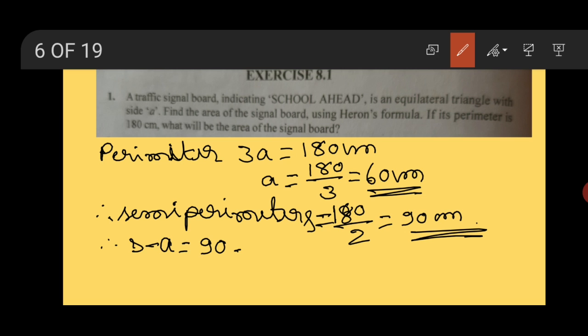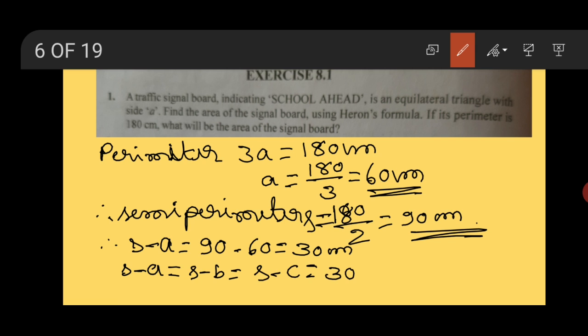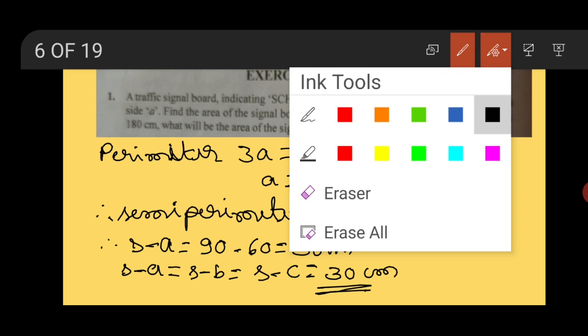S is 90, minus A which is 60, is equal to 30 centimeter. Since S minus A is equal to S minus B is equal to S minus C, because it is an equilateral triangle and all sides are equal. Now substitute the value of S, which is 90, and S minus A is equal to 30.